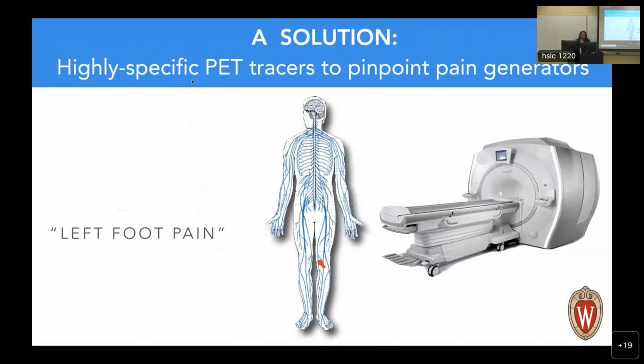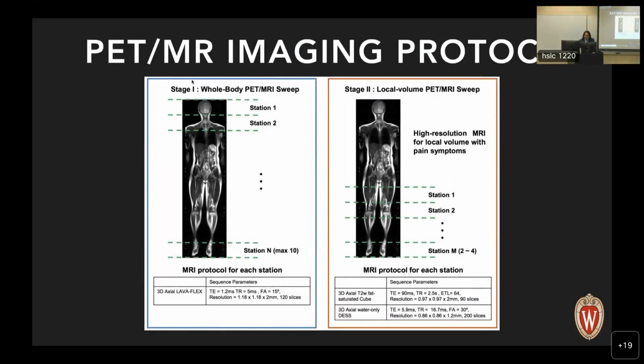And here you have a PET MR, so you could do a PET MR scan, so you get a nice MR image with a superimposed PET image, and let's say it revealed actually the pain generator is in the knee, not in the foot. And of course, the idea would be that would inform your management of that patient, right, and get a better outcome. So what I've been doing now for the past 10 years in clinical trials is doing this approach with a couple of different radio tracers, which I'll talk about in a second.